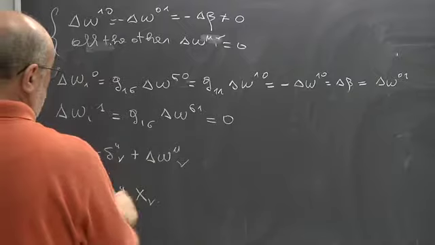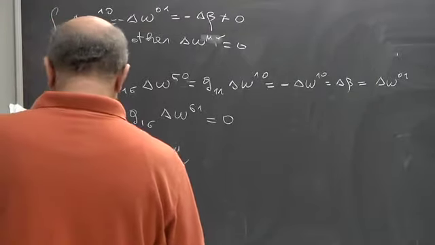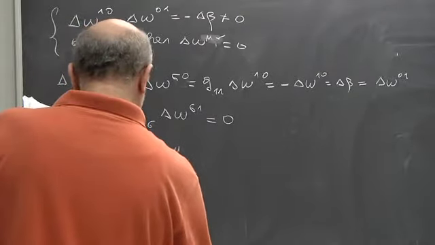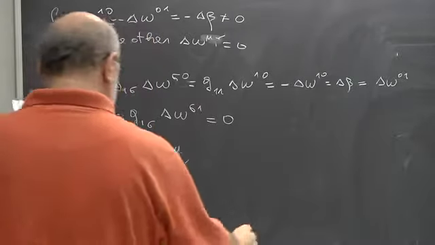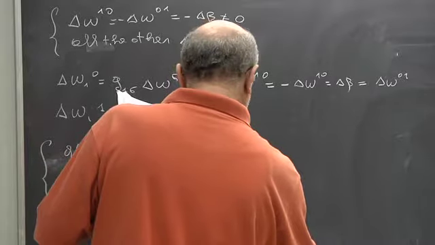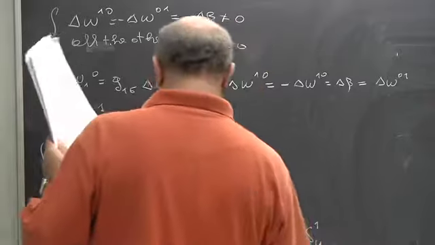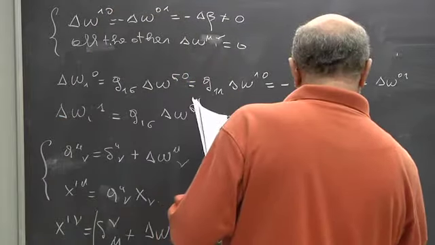Now let's remember, A is this, so we have to use this, but only two objects are different from 0. So we get delta omega 1 0, delta nu 1, delta 1 mu, plus delta omega 0 1, delta nu 0, delta 1 mu, all applied to x mu.